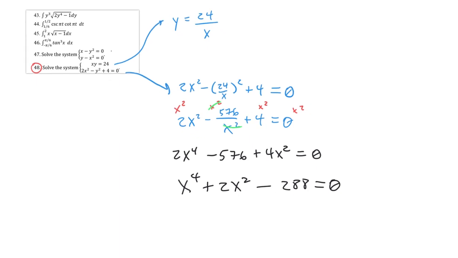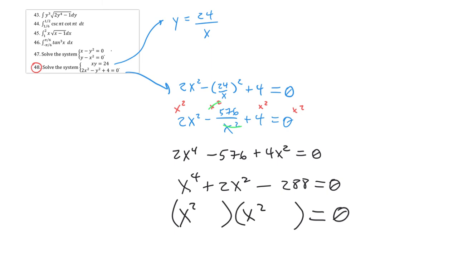At this point, we should be able to probably factor that. Now, anytime you have an even exponent here and the middle term exponent is half that, you could always just factor it in a relatively normal way, only we want that to be x squared and that to be x squared. So that's a decent rule of thumb. And then with regards to these numbers here, we're essentially asking ourselves the same question we would ask under normal circumstances.